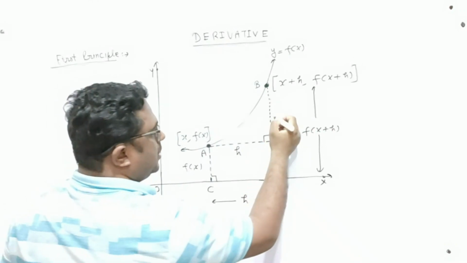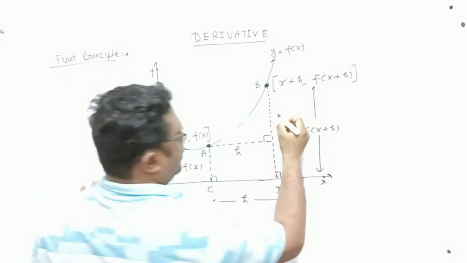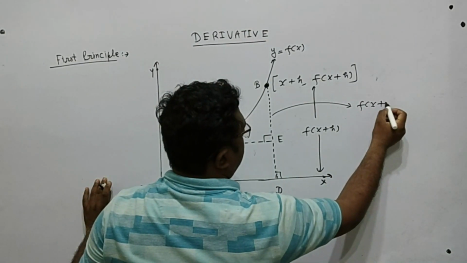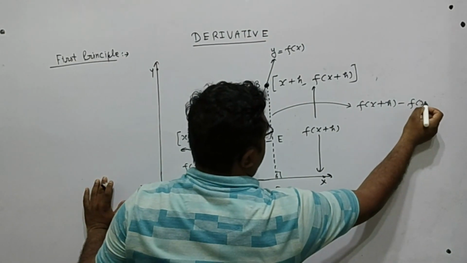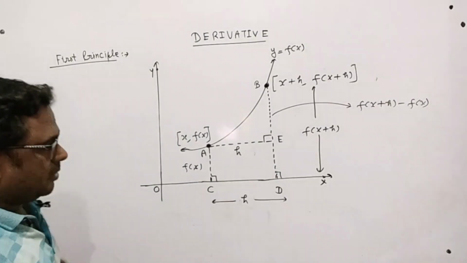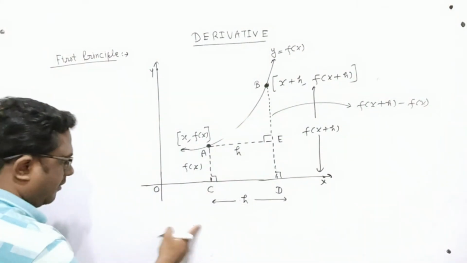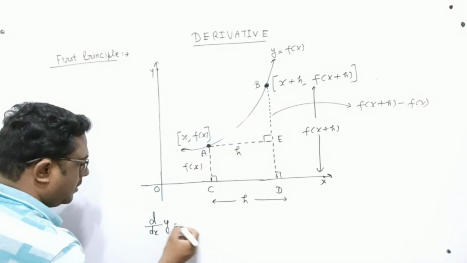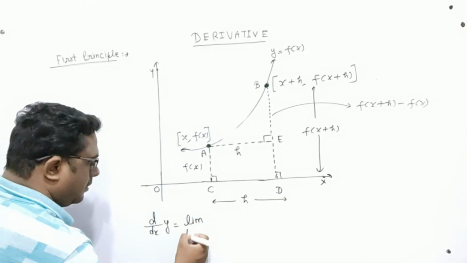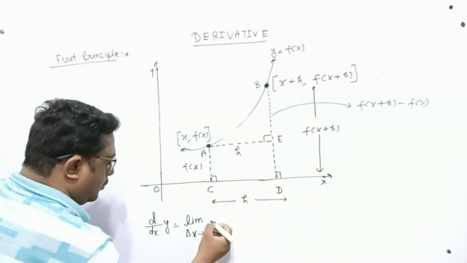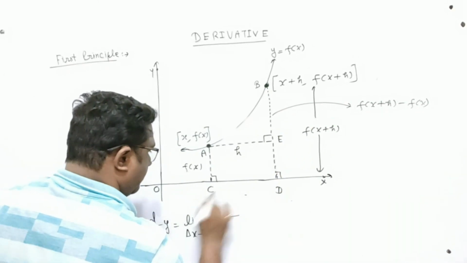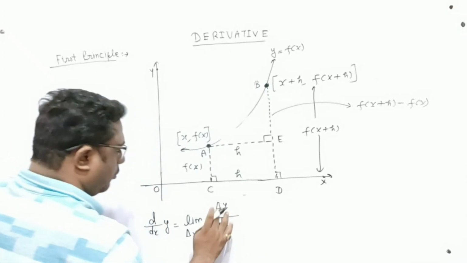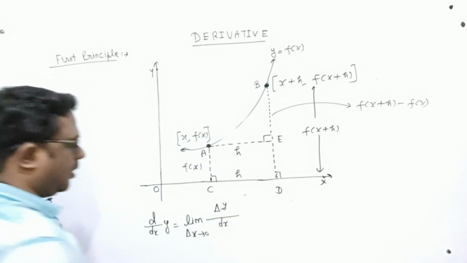So this height BE is becoming f(x plus h) minus f(x). Now according to the definition of derivative, I told you that dy by dx of y is equal to limit delta x tending to 0 of delta y upon delta x.